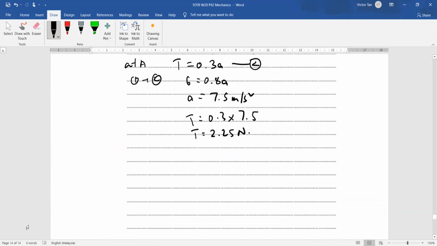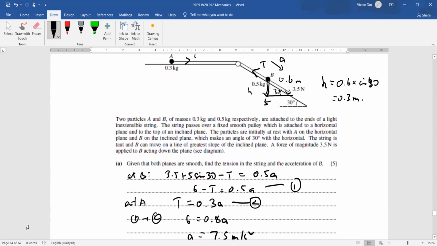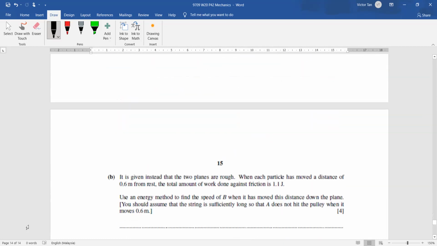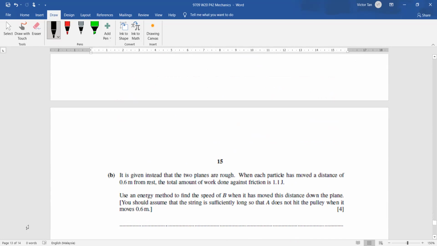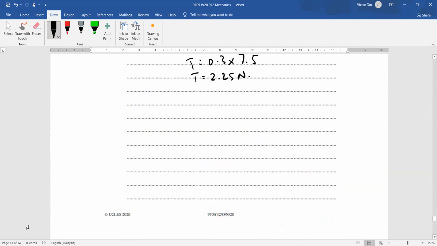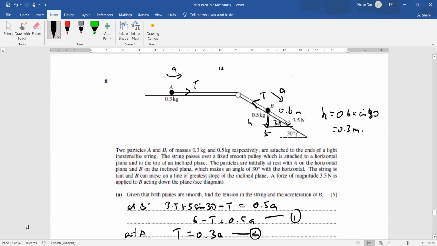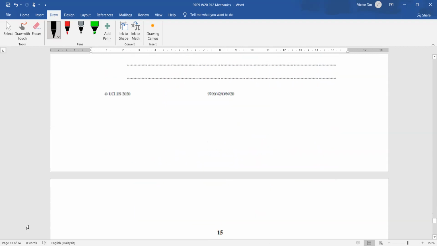So the 3.5 Newton force is pulling B only. Total amount of work done against friction. So we must take total kinetic energy.